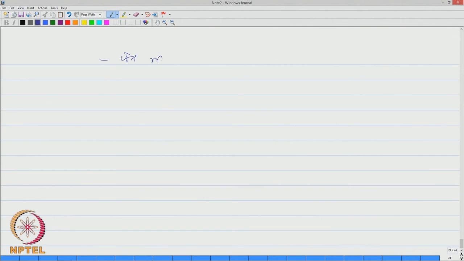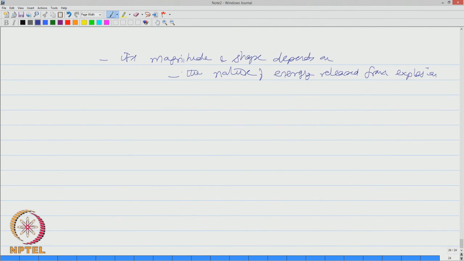Its magnitude and shape depends on the nature of energy released from explosion and distance of explosion epicenter.